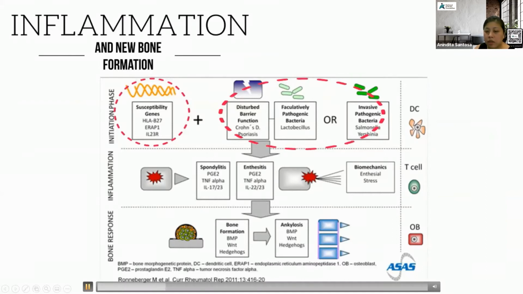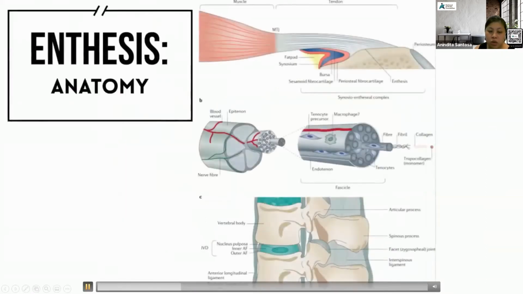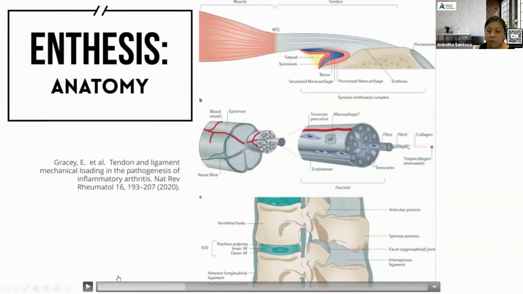The next important thing in the disease processes of AS is biomechanical stress on a structure called the enthesis. And what is the enthesis actually? The enthesis is a structure in our body where tendon meets bone. So you can imagine how many tendons and how many bones we have in our body.